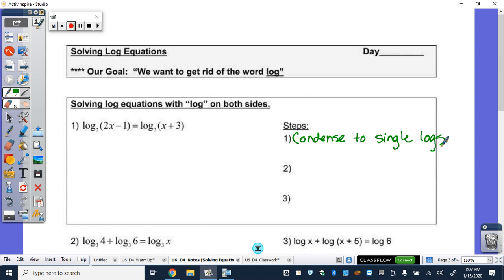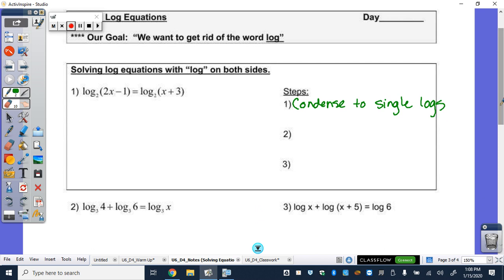So if you have more than one log, using your condensing rules, make it just so there's one. Once you have log of something equals log of something, you then cancel out your logs, and then you solve and check.